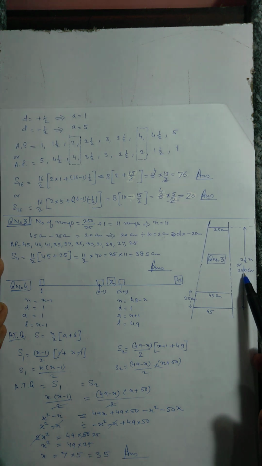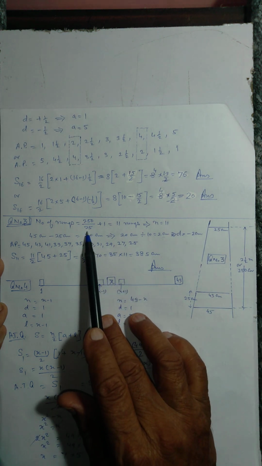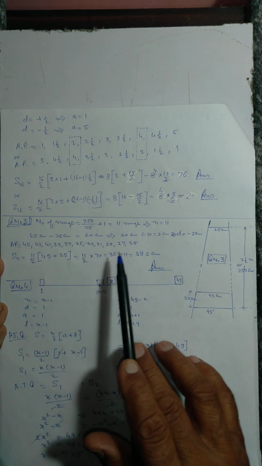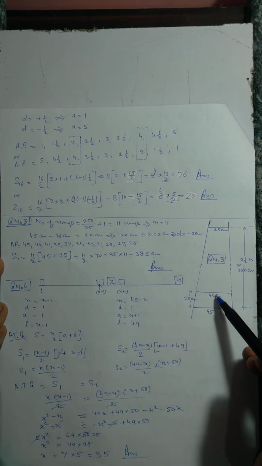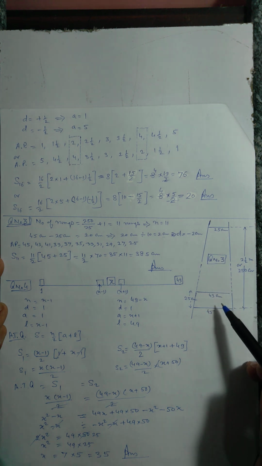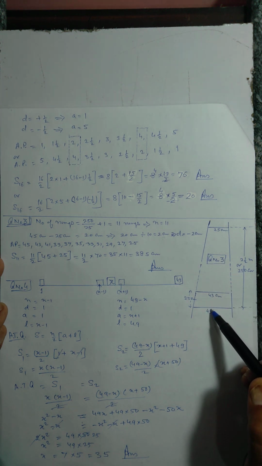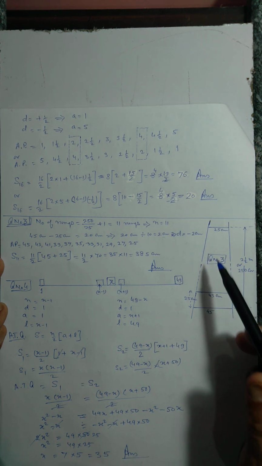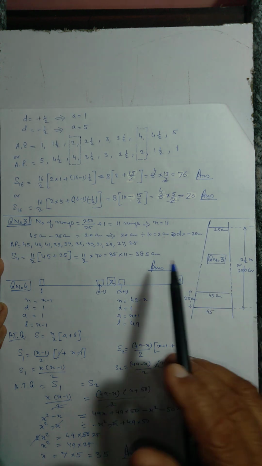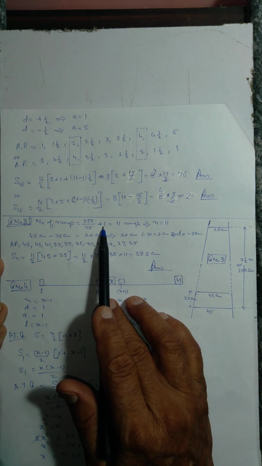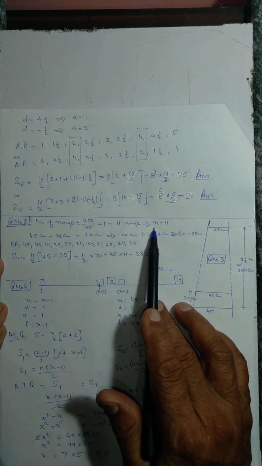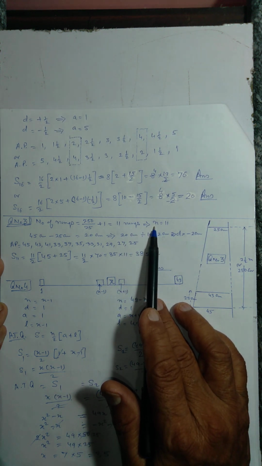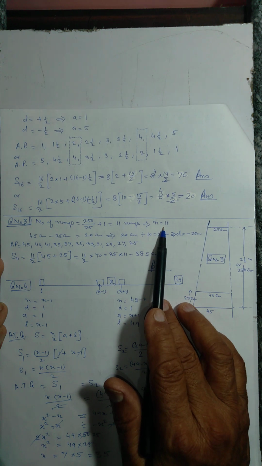So 250 centimeter divided by 25 gives the intervals, from here to here, but it will not include this. So in order to include the n rungs, I have added 1. So 11 rungs will be required, so n will be equal to 11.